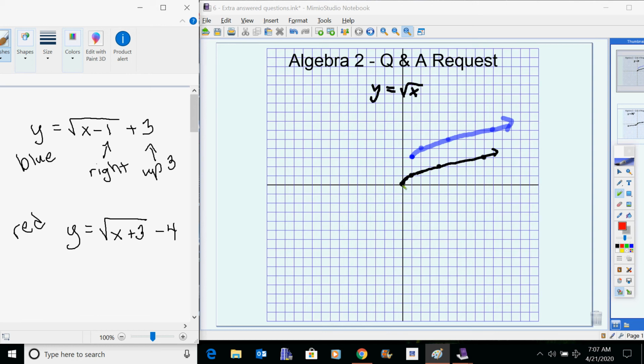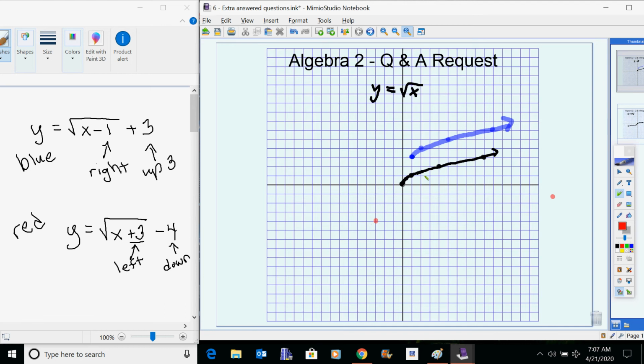So in this case, this part takes us to the left 3, and this one takes us down because of the negative. So this would take us left 3, down 4. 1, 2, 3, 4.